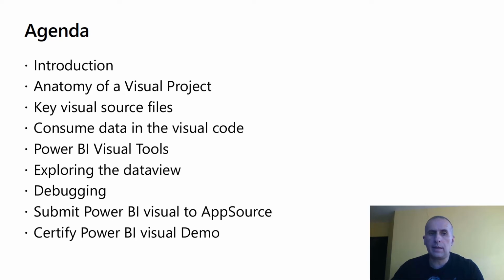We will see also how to debug Power BI visuals. It is quite specific. And finally, we will cover some additional information about how to submit Power BI visuals to AppSource and how to certify a Power BI visual. Also, we will see several nice demos.